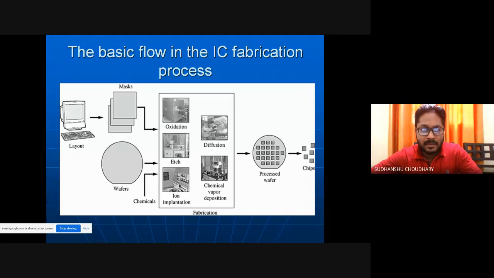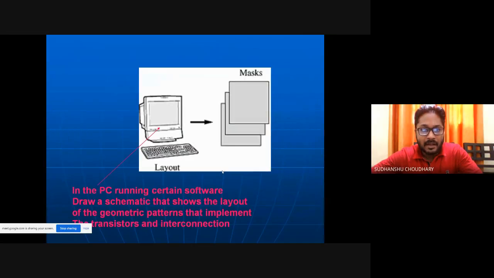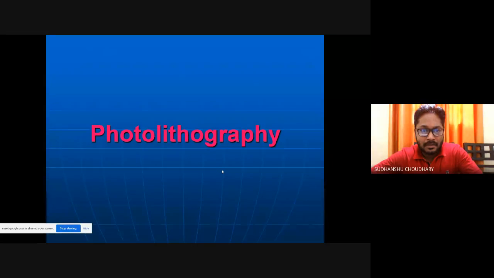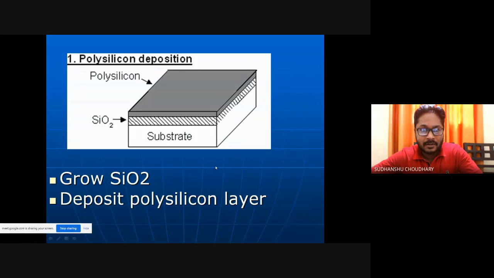We also understood the importance of layout, and how the layouts are transferred into a mask, and then how the information on the mask is transferred to the wafer via the photolithography process.